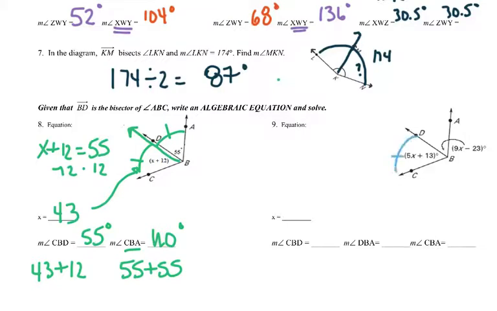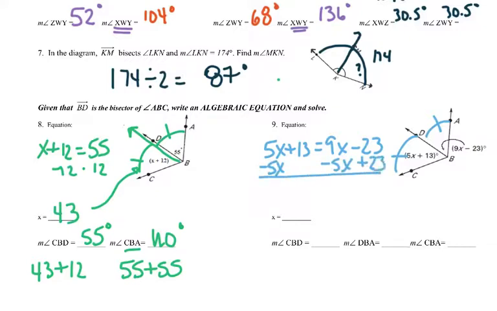Here, similarly, these two mini angles are equal. So 5x plus 13 is equal to 9x minus 23. I've got x's on both sides, so I'm going to subtract 5x from both sides. You could even add 23 to both sides in the same step. So we get 36 equals 4x, and if I divide 36 by 4, that is 9.